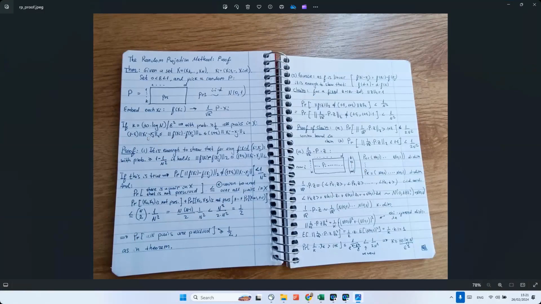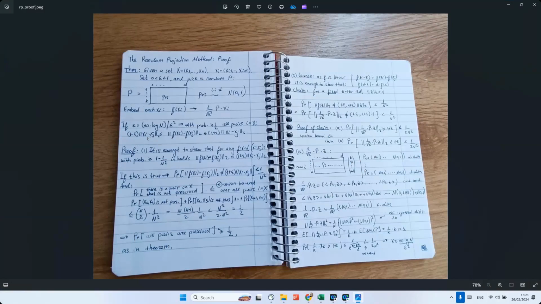So how can I represent this event as a collection of smaller events? It's covered by: at least this pair is not good, or this pair, and so on. Yes, either the first pair is not good, or the second, or maybe both of them, but I don't care about disjoint events. I just represent it as a union of events such that all of them together cover my initial event.